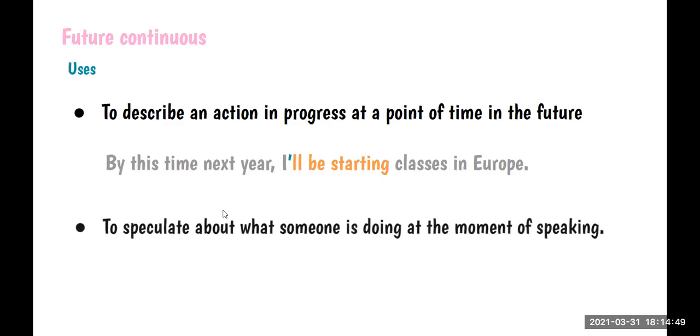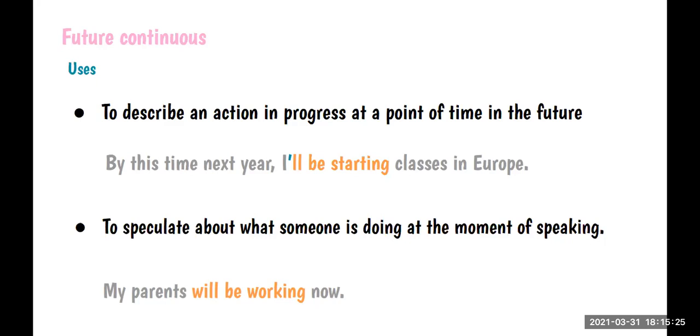Then we use it to speculate about what someone is doing at the moment of speaking, to make a deduction about what someone is doing. For example, my parents will be working now. I think my parents are doing this now. I am speculating about what they are doing at this moment. So we can use the future continuous in these two situations.